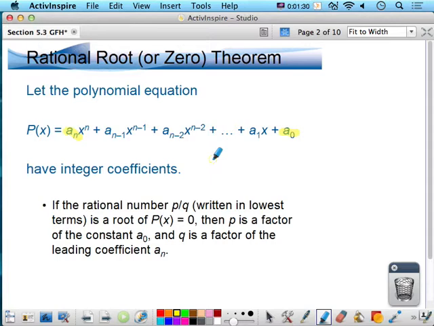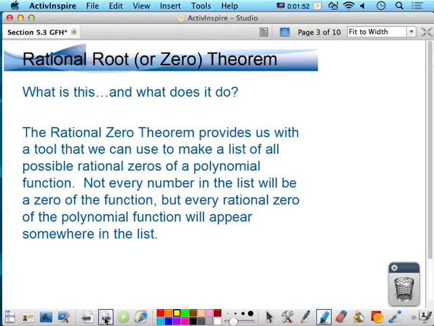If we know that that fraction, p over q, is a solution or a root, then the top number of that solution has to be a factor of the constant, and the bottom number has to be a factor of the leading coefficient. So here's what that really means.